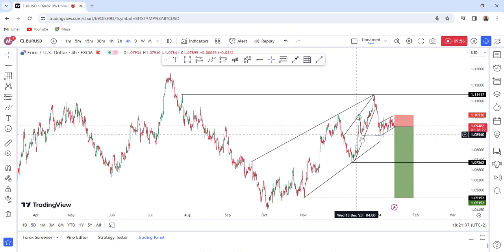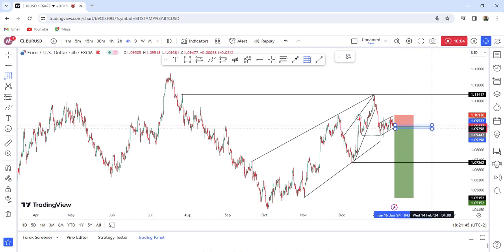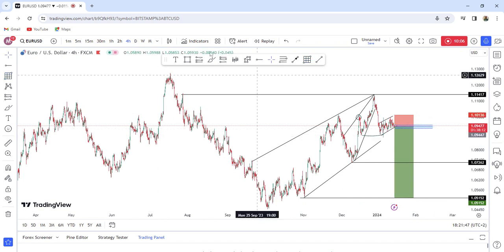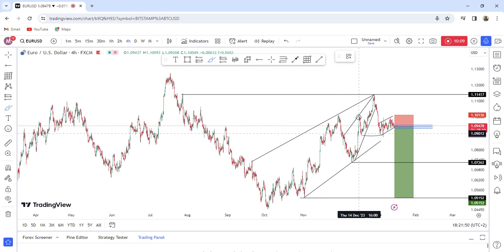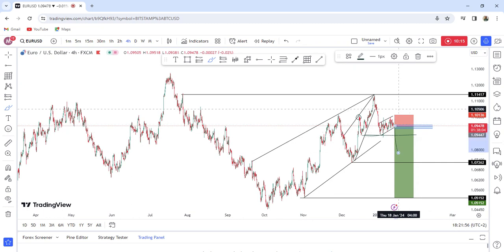After that's when I'm gonna consider looking for the order blocks that would be maybe somewhere around here after taking out this low. Let's say we got an order block, then our price taking out this low, I know that I'm gonna wait for a pattern that would happen around here.